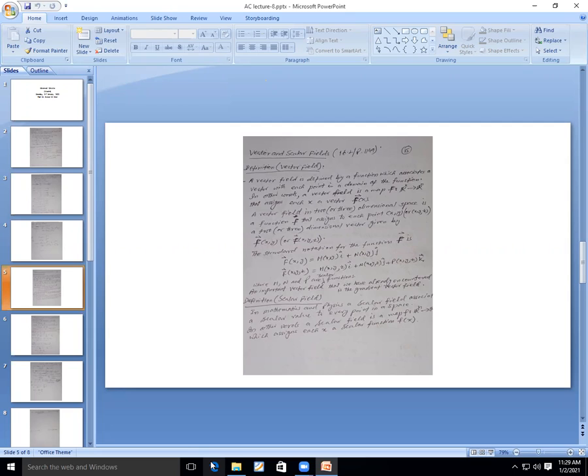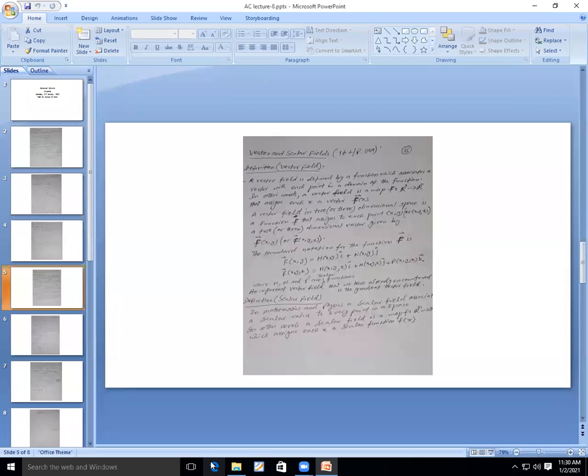In three dimensions it is M i plus N j plus P k, where i, j, and k are unit vectors. So this is the definition of scalar and vector fields in two and three dimensions.